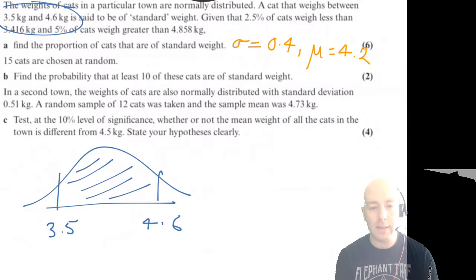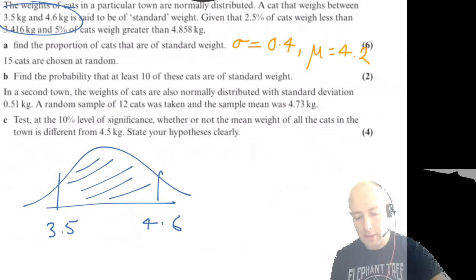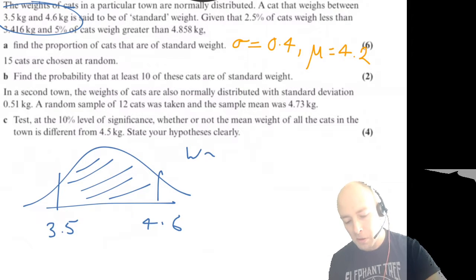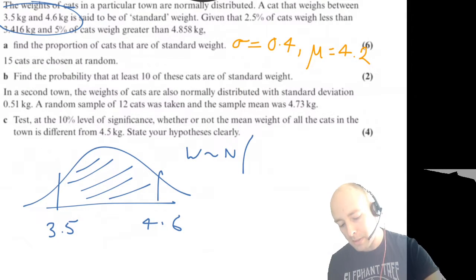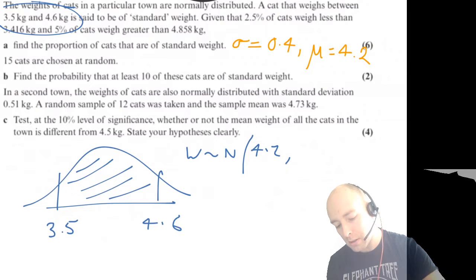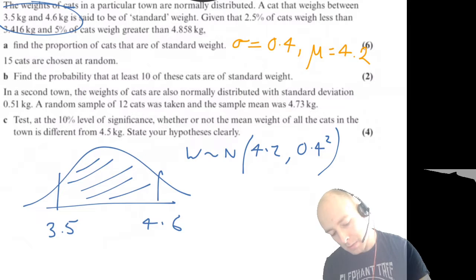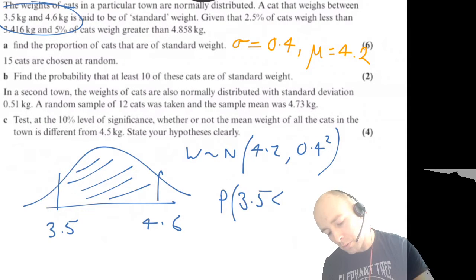We want to try and find this area. We now know our mean and our sigma, so we could say the weight of cats is normally distributed with a mean of 4.2, a standard deviation of 0.4, so variance sigma squared there. And we're going to find the probability that W is between 3.5 and 4.6.